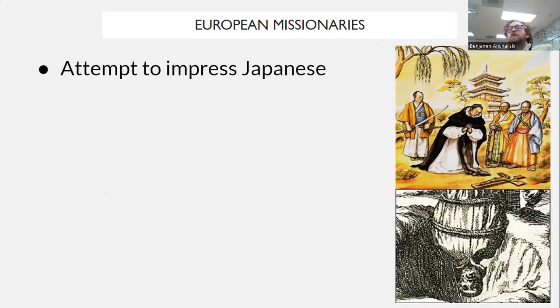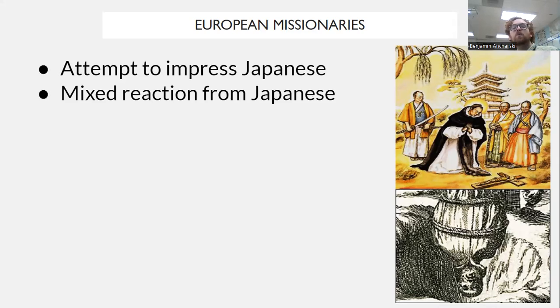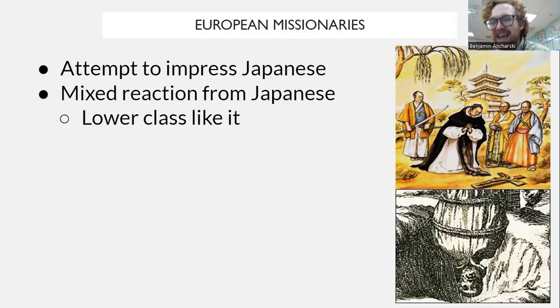However, these Catholic missionaries especially are going to be met with a mixed response by native Japanese people. And we do see actually a class conflict in a way. Lower class people tend to like Catholicism, they tend to like Christianity. And that's true in many societies around the world. And why is that?